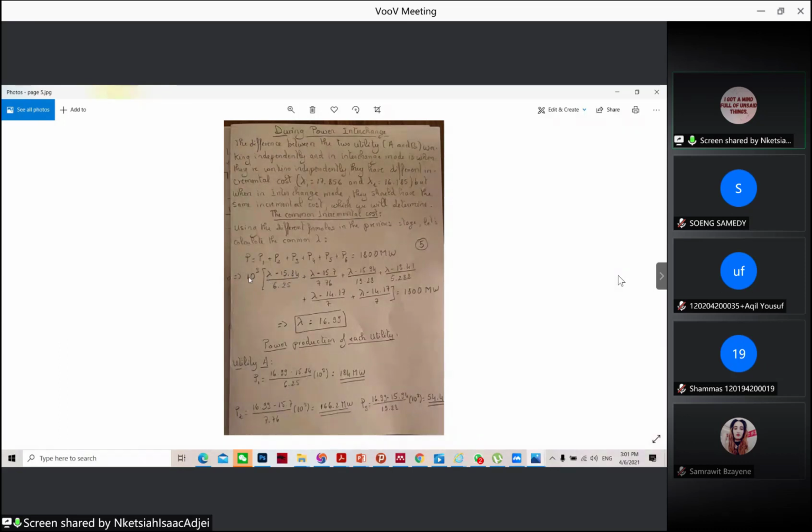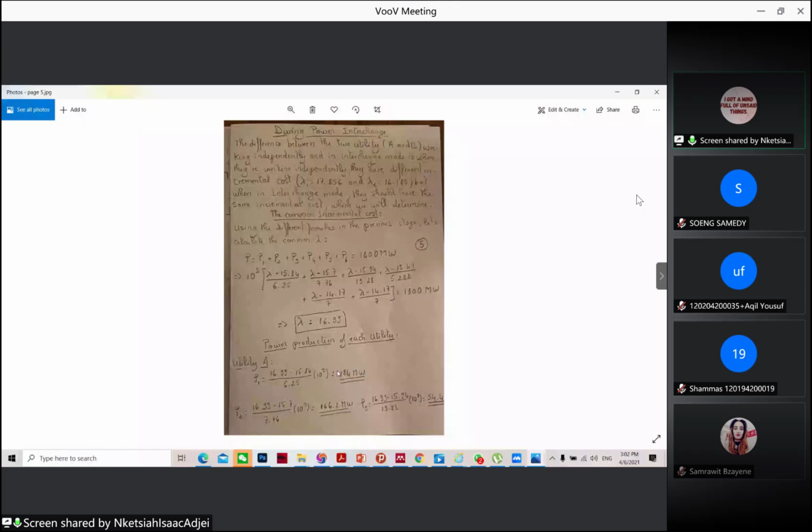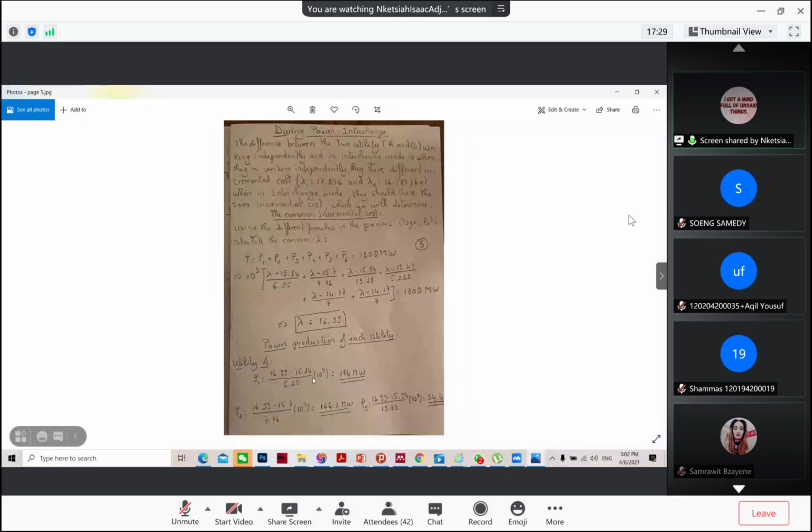So we have 10 exponent 3 into the bracket of all these things equal to 1,800 megawatts. Working this will give us a lambda of 16.99. And we then have to work for our utility A.